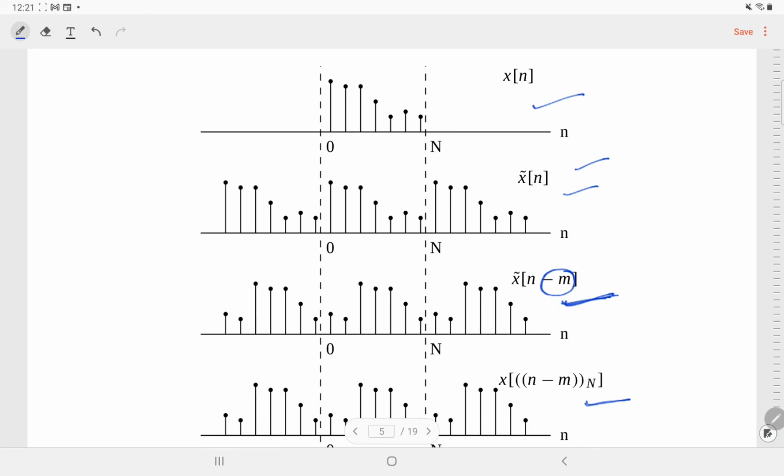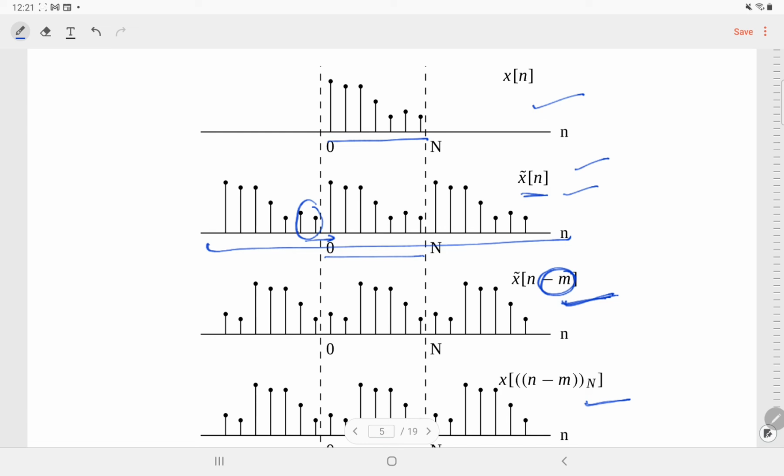The sequence from 0 to N shifts right by m, so these two points have shifted to the right side.